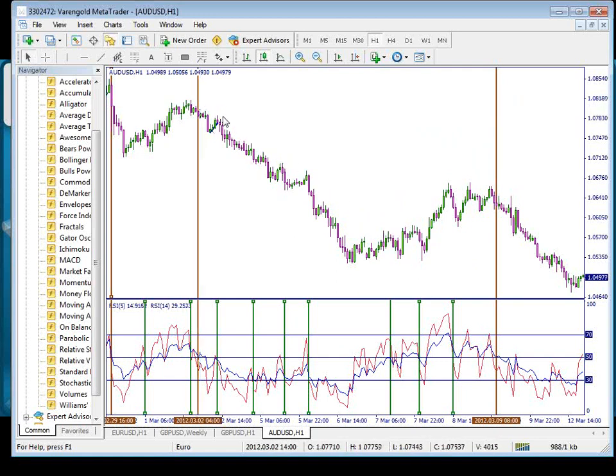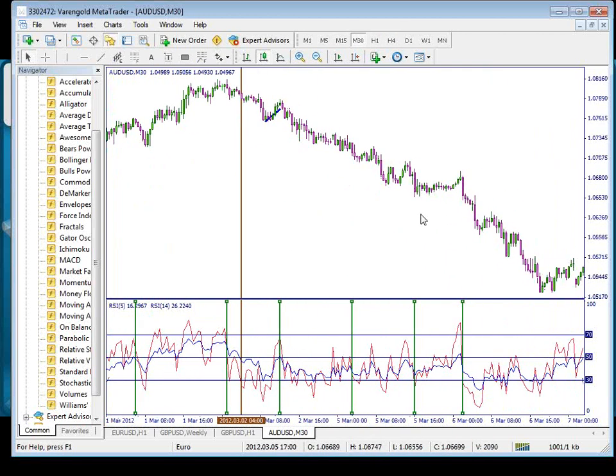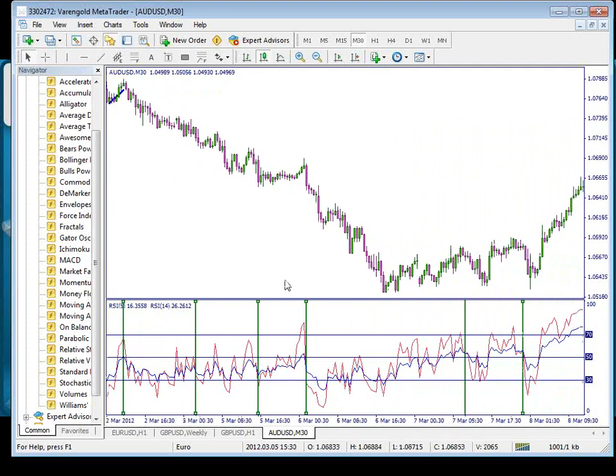If you look at 1 hour, or even more at 30 minutes, we have more variation and can have a bigger number of pips on a smaller time frame. This can be useful to have not only 230 pips but more.